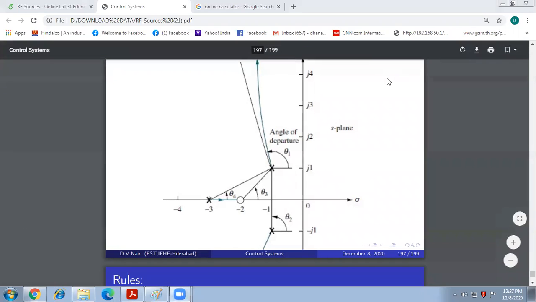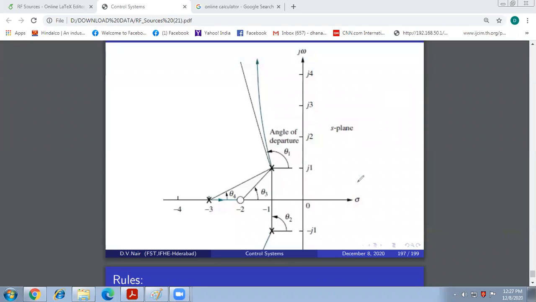With our discussion, we know that the angle of departure is given by angle phi p, that is plus minus 180 degrees of 2q plus 1 plus phi, right? So what is this phi? I am interested in knowing what this angle phi is.